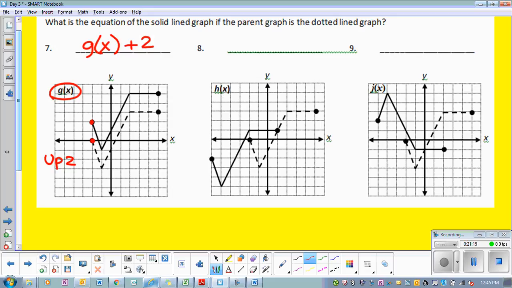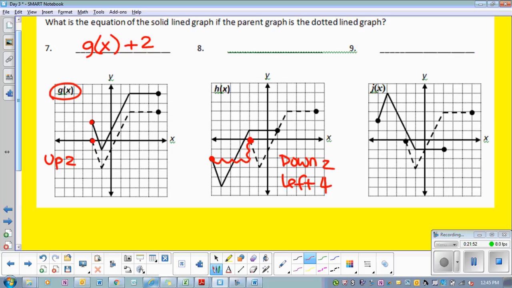Okay, so let's look at h of x. So starting from the dotted to the solid, right? Because this point goes to that point. How did it move? It went 1, 2, down to 1, 2, 3, 4. Down 2, left 4. Yeah? Okay.